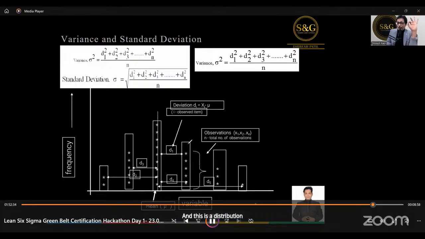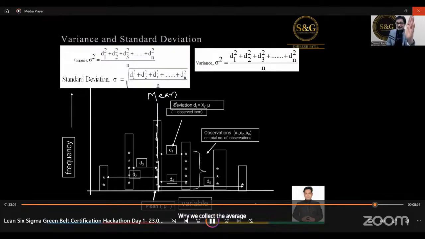To find the standard deviation or the variance, the first step is to check the mean of the data. Mean is the simple average. So the first step is to collect the data and take the average. Let's say this is the average, which is nothing but the mean. Why do we calculate the average?